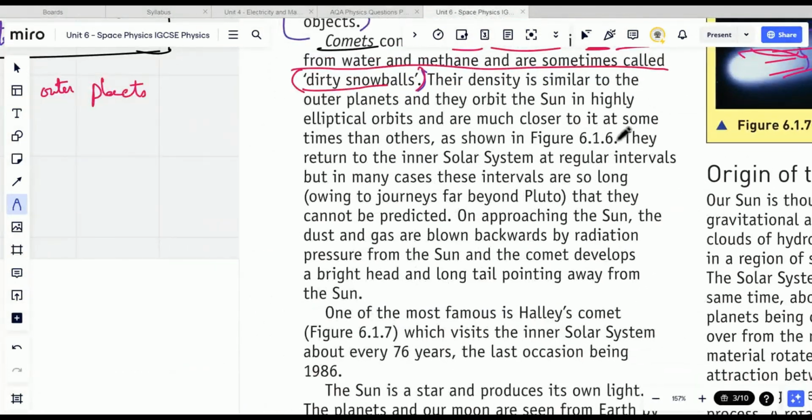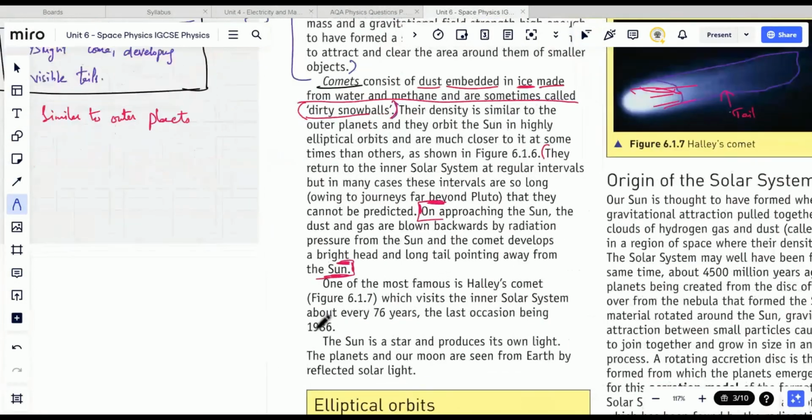And then there's the end over here. They return to the inner solar system at regular intervals, but in many cases, these intervals are so long that they cannot be predicted. On approaching the sun, the dust and gas are blown backwards by radiation pressure from the sun, and comets develop a bright head and long tail pointing away from the sun. So, do you guys get this? How do they get this bright tail and head when they are moving?